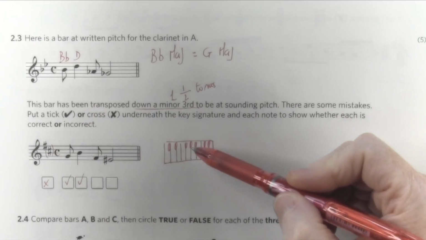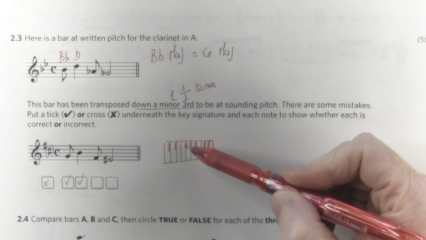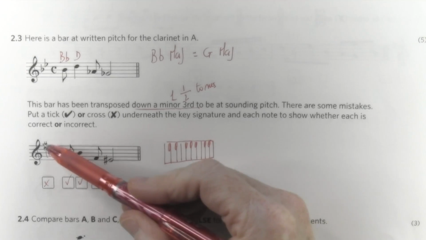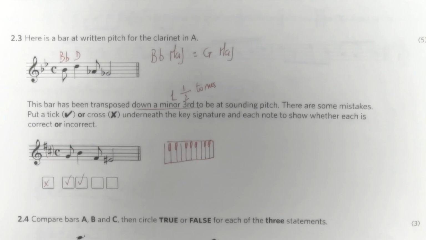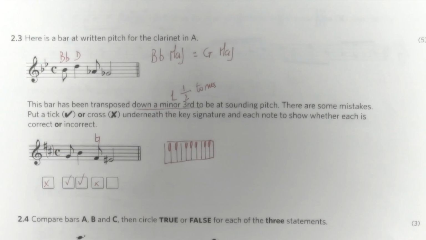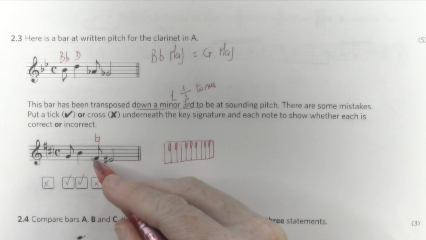A flat here minus 1 tone and a half is F, and this is Fa sharp because it is in the key, so it's incorrect. It should have had a natural sign here.